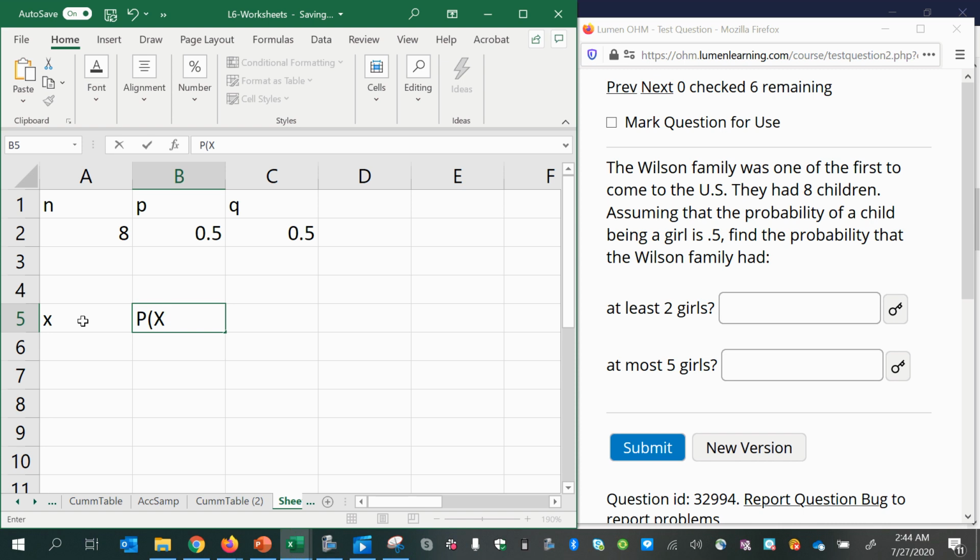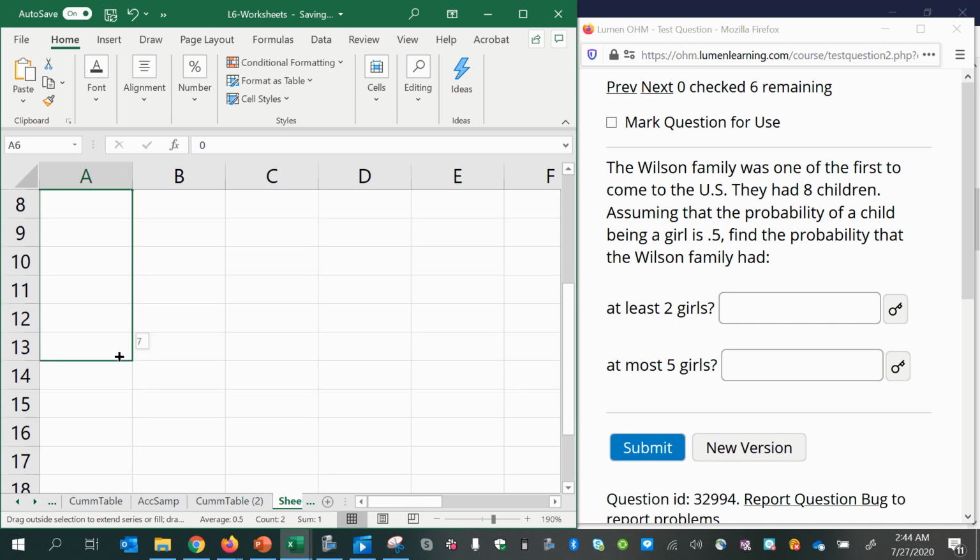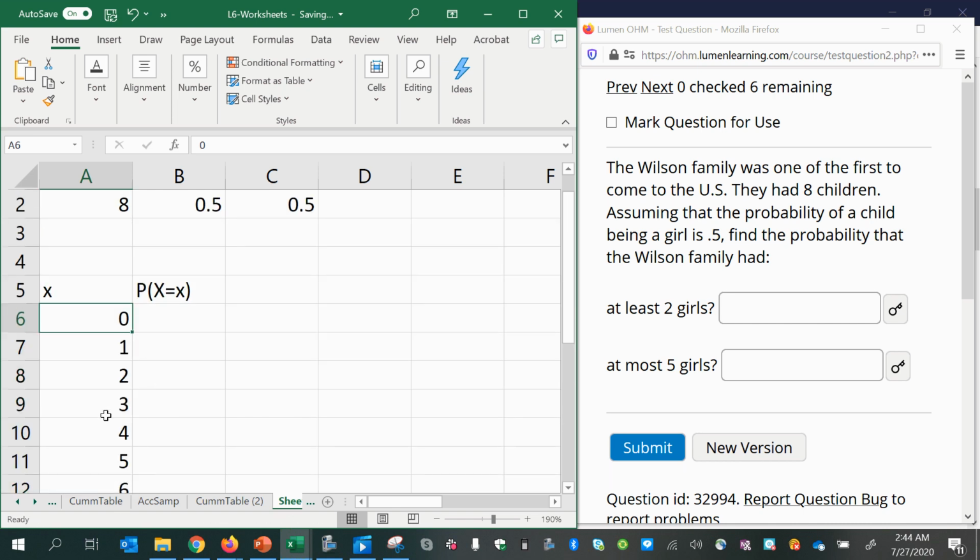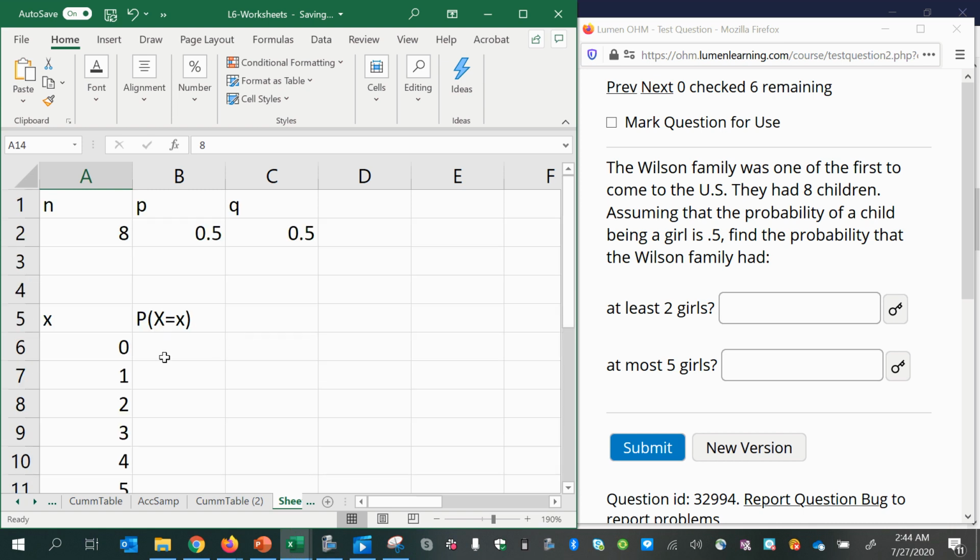Okay, so let's begin by creating the probability distribution. We know that we can have up to 8 successes, all the way from no successes. We could have all boys, no girls, all the way up to having all girls.